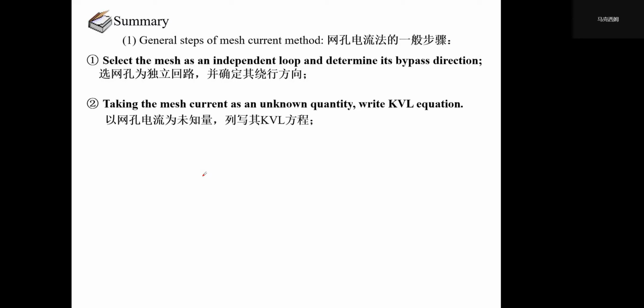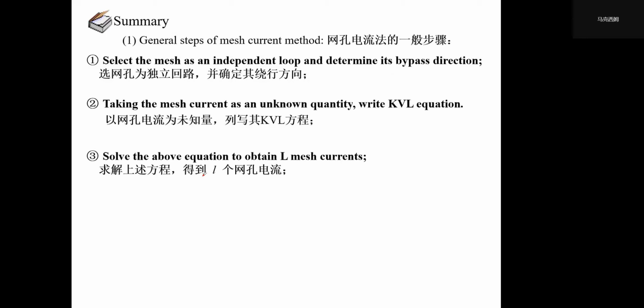The second step is taking the mesh currents as unknown variables, and we write the KVL equations. And the third step is to solve those equations, and we can obtain the mesh currents. And all the other quantities, the branch currents, can be calculated by the combination of the mesh currents.